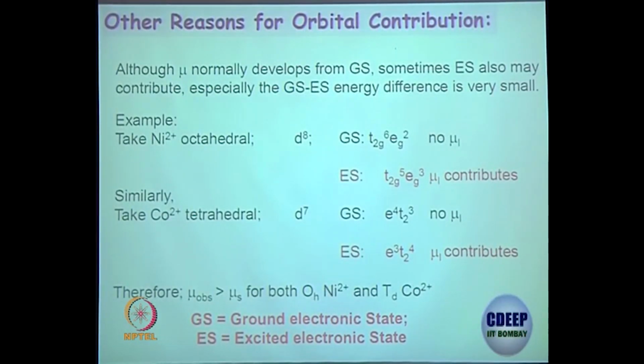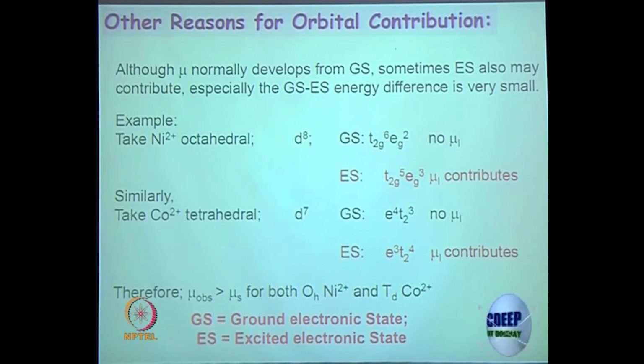Other reasons for orbital contribution. Usually we are pretty much focused on the ground state electronic configuration. Sometimes what happens is, let's say t2g6 eg1 means there should not be any orbital contribution.